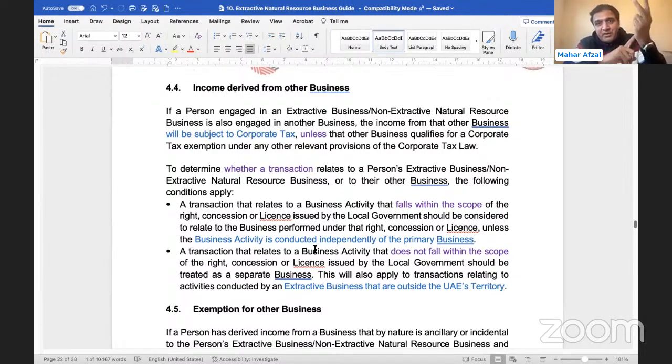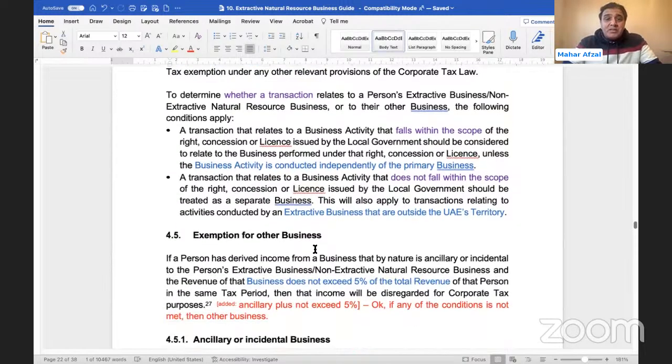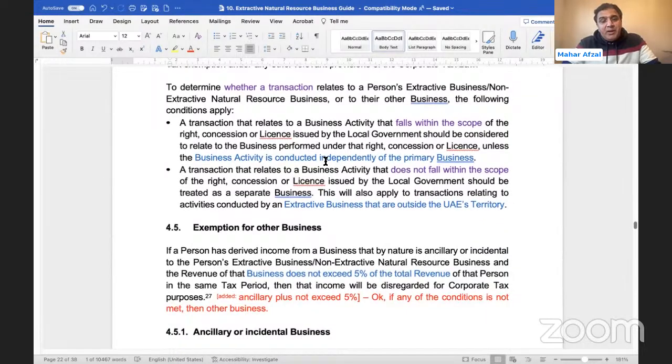There are 2 possibilities in this where you will say, okay, you are doing other business, so you need to apportion your related expenses as well while calculating the taxable profits from the other businesses. They said we need to check whether a transaction is related to it. If it is independent, it will be assumed to be a non-extractive natural resource business.